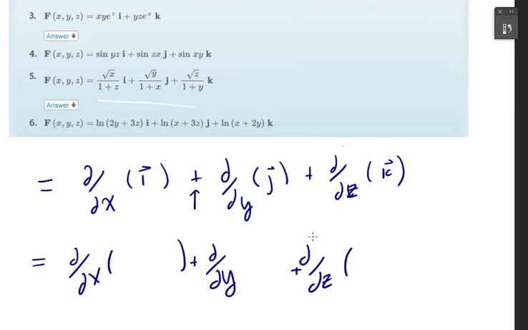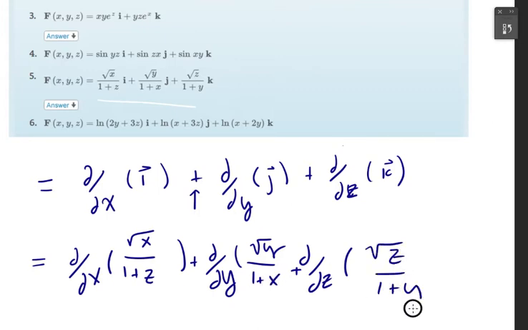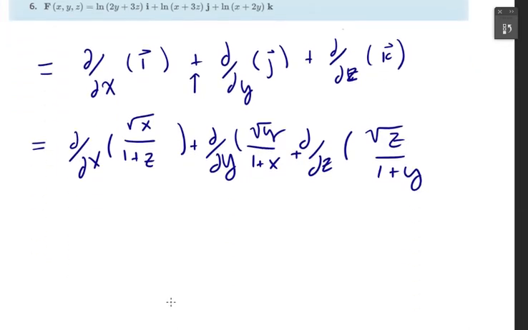Okay. So now we're just putting in our correct partials here. Plus x, 1 plus y. So essentially for this one, once you do the one, pretty much applies the rest of them, just like the other questions.